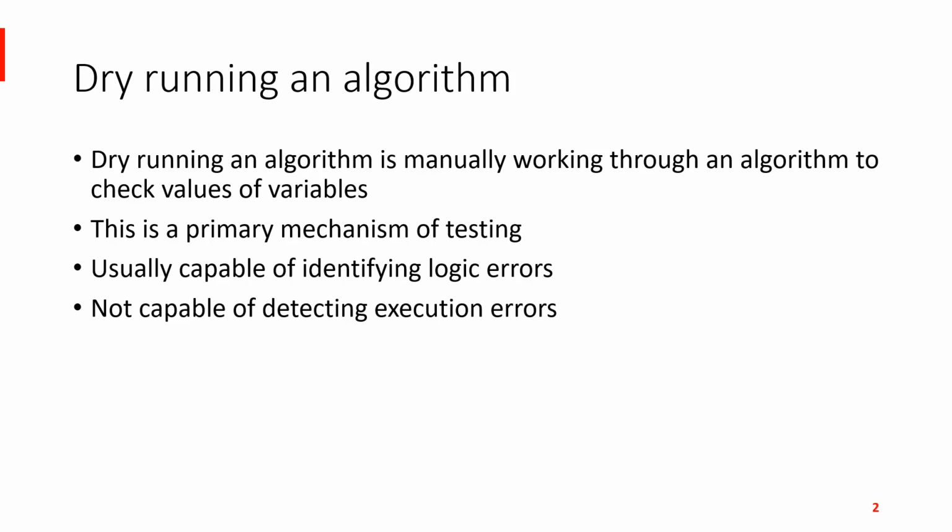The user might ask the program to do something that cannot be done, so the program crashes. For example, you have written code where you divide two numbers, and if it is divided by zero, which is not defined in mathematics, you can't do anything with the computer. If that is not handled, most probably you may not be able to catch it using dry runs.